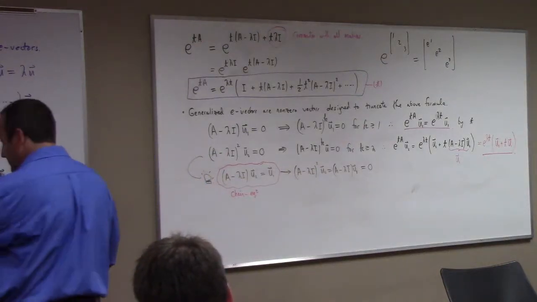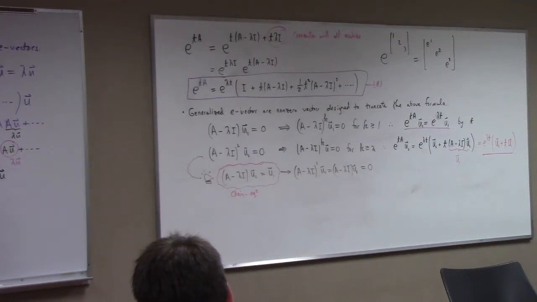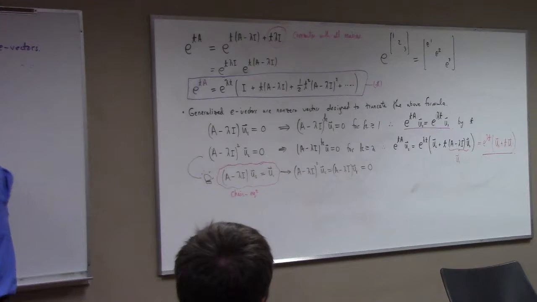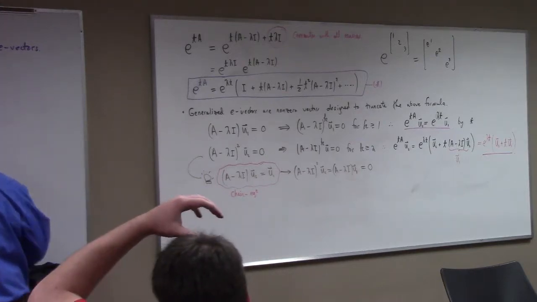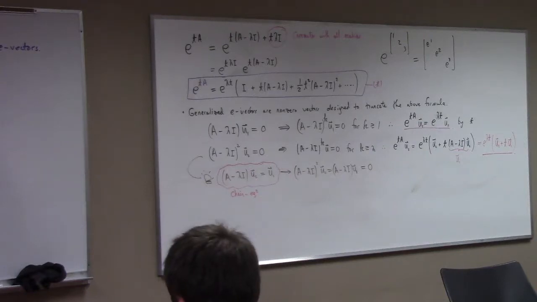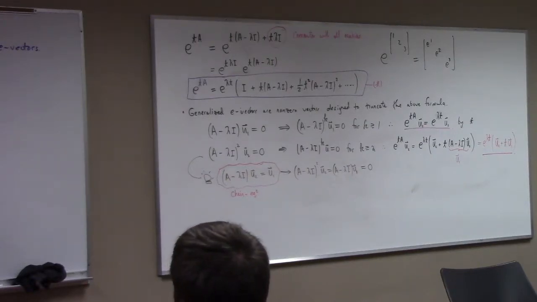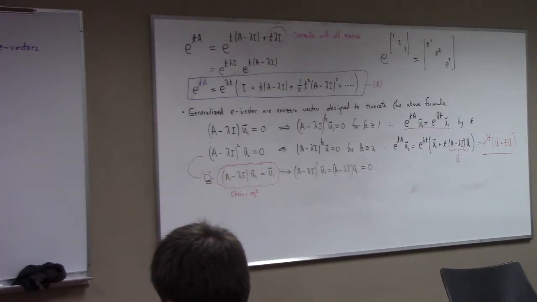So the theorem is that, in fact, this continues, and so you can get a chain like this. You have uk and uk minus 1, down to u2, u1.